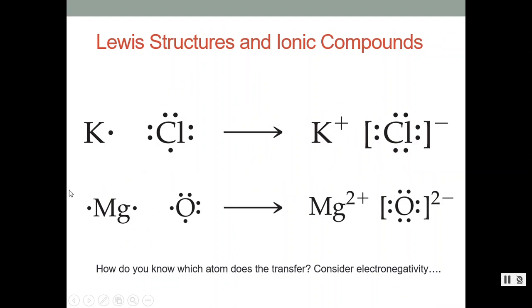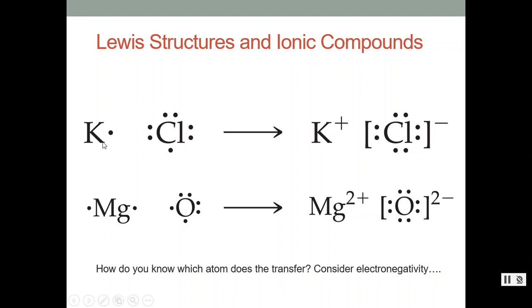We can use those Lewis dot structures for individual atoms to say something about the kind of bonding that we see in ionic compounds. For example, we know from previous chapters that the chemical formula for potassium chloride is KCl. For every 1 potassium, there's 1 chloride. Because you learned that group 1 elements like to be +1 when in an ionic compound, and group 7 elements like to be -1 when in an ionic compound.